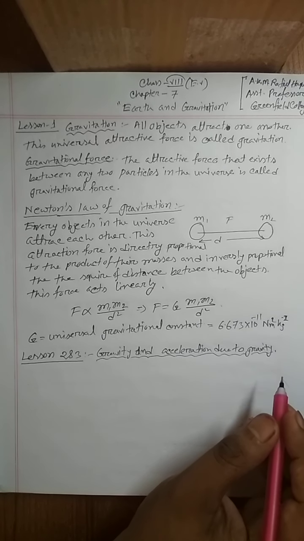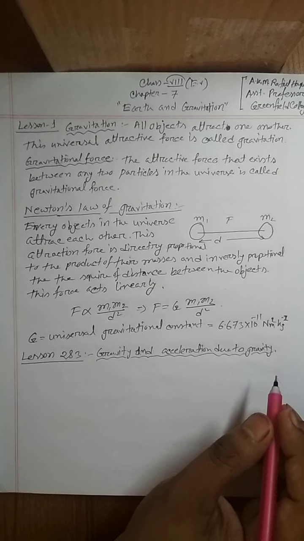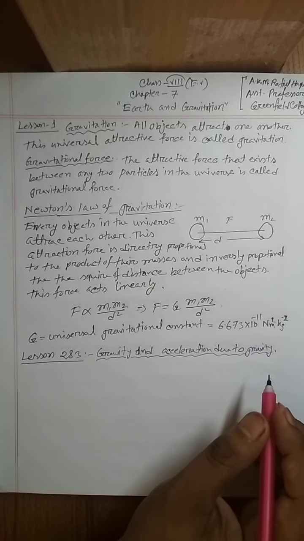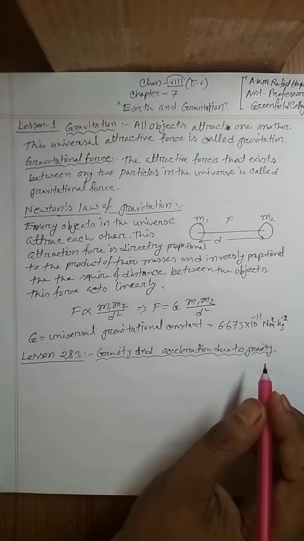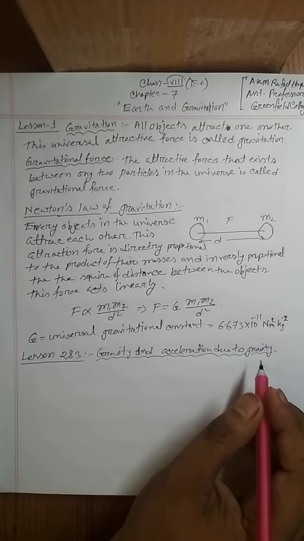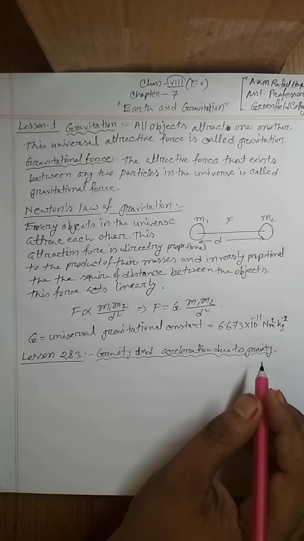We know that every material or particle in the universe attracts each other. When the mutual attraction involves any two objects in the universe, we call it gravitation. If one of the objects is Earth, the attraction of an object due to Earth we call gravity.